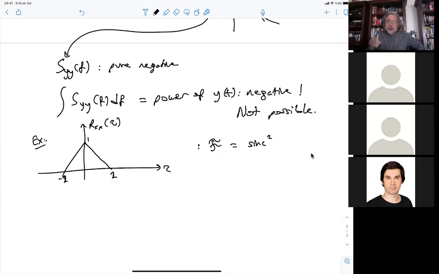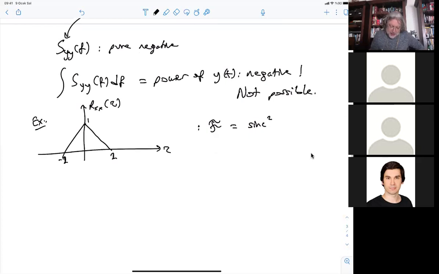Sinc goes to negatives, but sinc square always stays at the top of the horizontal axis, remaining positive. Why is it sinc square? Because this shape is the convolution of this rectangular box and the same rectangular box.